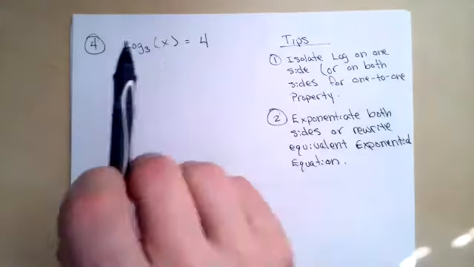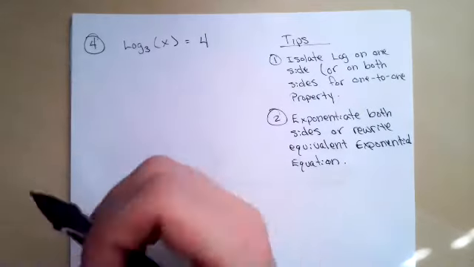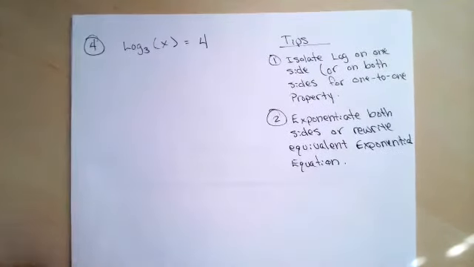So actually, if we have logs on both sides, exponentiating might be easiest, or just using the one-to-one property where we can essentially declare the arguments of both sides equal since logs are one-to-one. Or we can use this equivalent exponential statement.